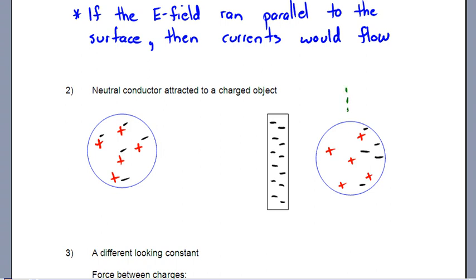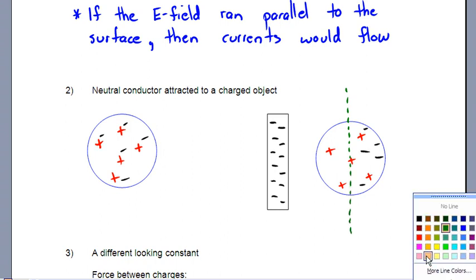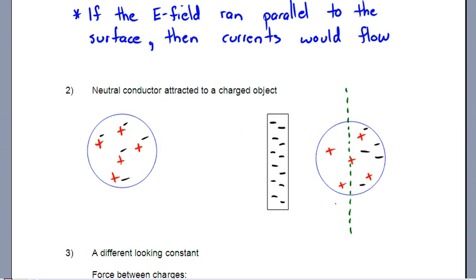If you imagine splitting this up mathematically in your mind, you've got a positive end of the copper that's a little bit closer than the negative end of the copper. It's kind of gone dipolish on you. And yes, overall it's still neutral, but the positives are closer to this negative object over here than the negatives are. So you actually end up with more attraction than you have repulsion.